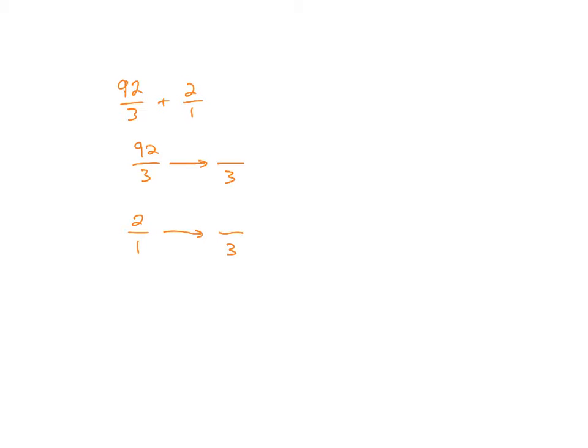Now there's no change here because I'm just multiplying top and bottom by 1. There is a change here because I'm multiplying top and bottom by 3. So I actually end up with 6 over 3. And then I take this new fraction and I add the tops, not the bottoms, and I end up with 98 over 3.